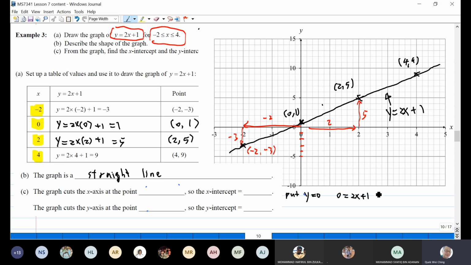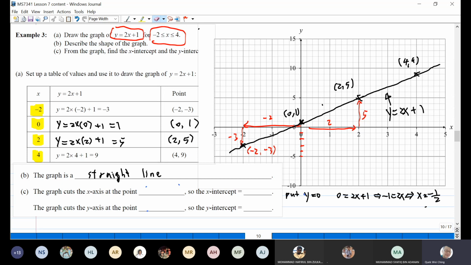Then you get -1 equals 2x. So x equals -1 over 2, which is -0.5. So this is -0.5 here. Minus half. This is your x-intercept.